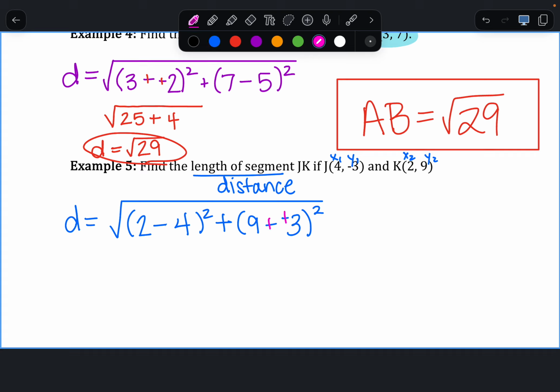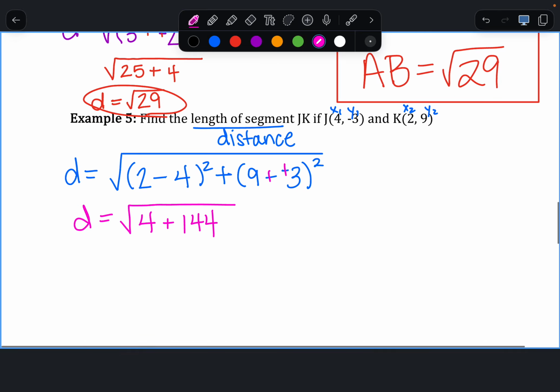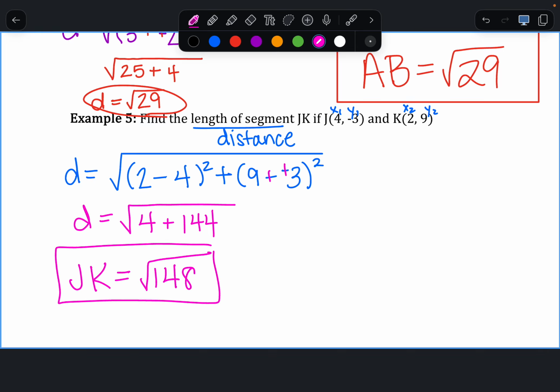Thank you, Gage. So 2 minus 4 squared really just becomes 4. 9 minus negative 3 squared really just becomes 144. So the distance between J and K, the measure of segment JK, is the square root of 148.